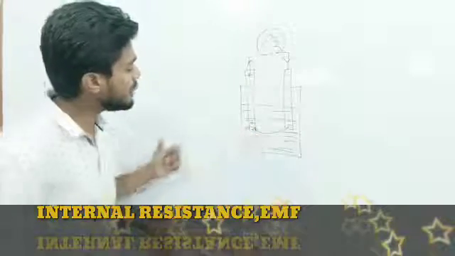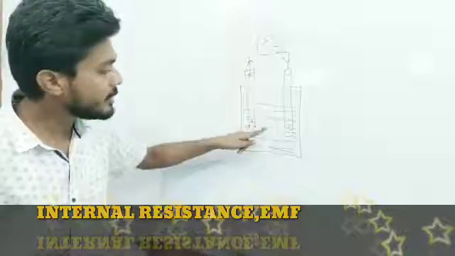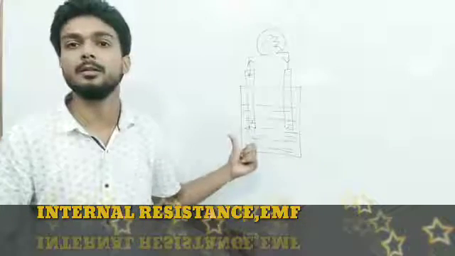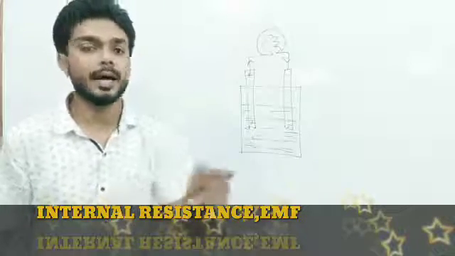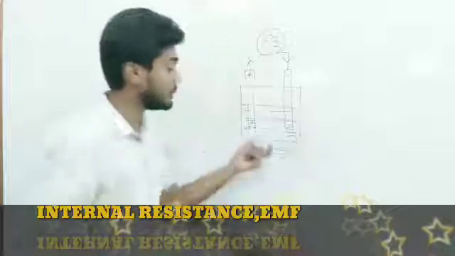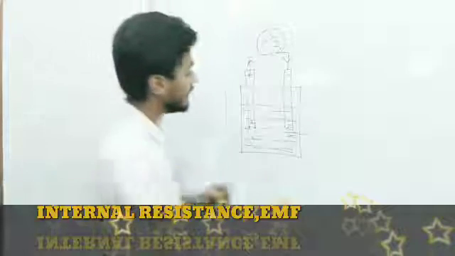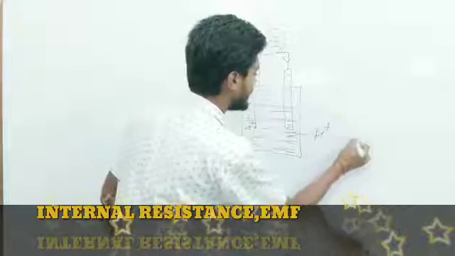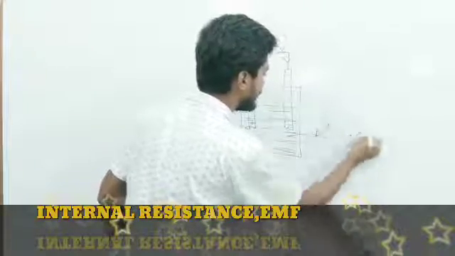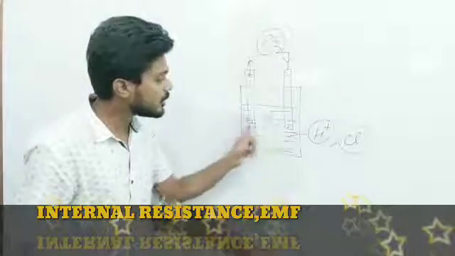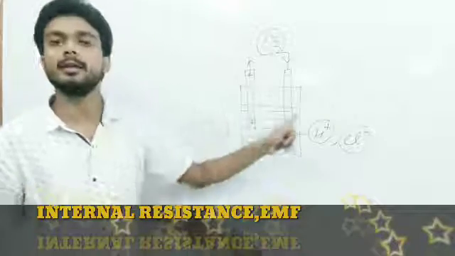Due to the flow of current inside the cell, there exists a resistance, because inside the cell there is a flow of charge. Charges flow inside the cell also, and these charges are ions of electrolyte. Suppose that we are using the electrolyte HCl, then H plus and Cl minus, two types of ions will be there which will flow, or you can say there will be the exchange of ions between these two electrodes.